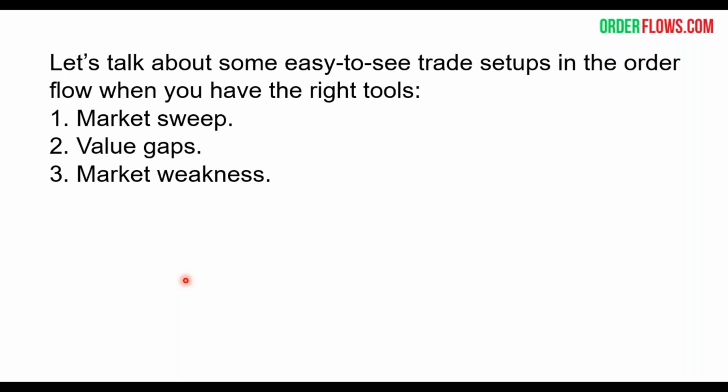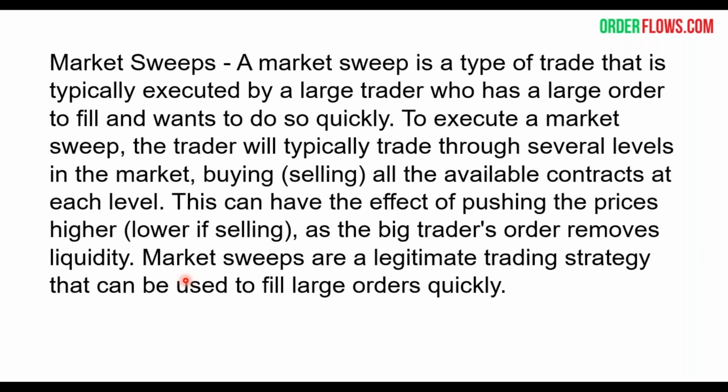So it's market sweeps, tails, and market weakness. First one is market sweeps. A sweep is a type of trade that is typically executed by a large trader who has a large order to fill and wants to do it quickly. To execute a market sweep, the trader will typically trade through several levels in the market, buying all the available contracts at each level or selling all the available contracts.